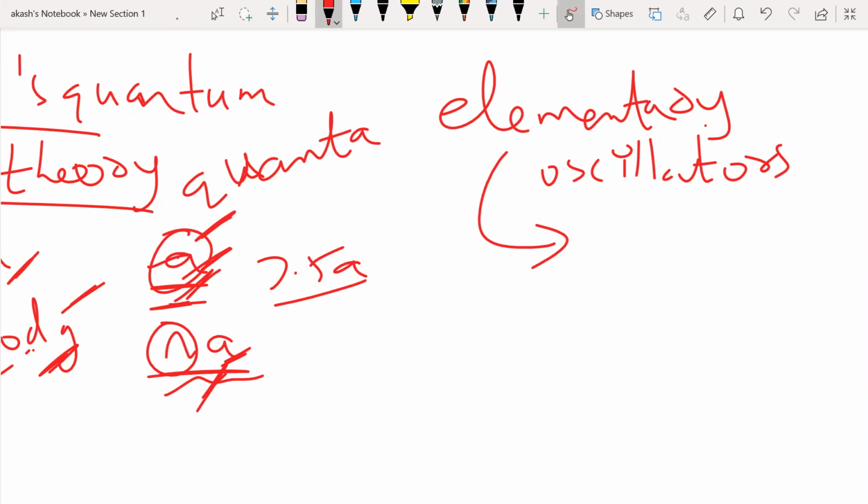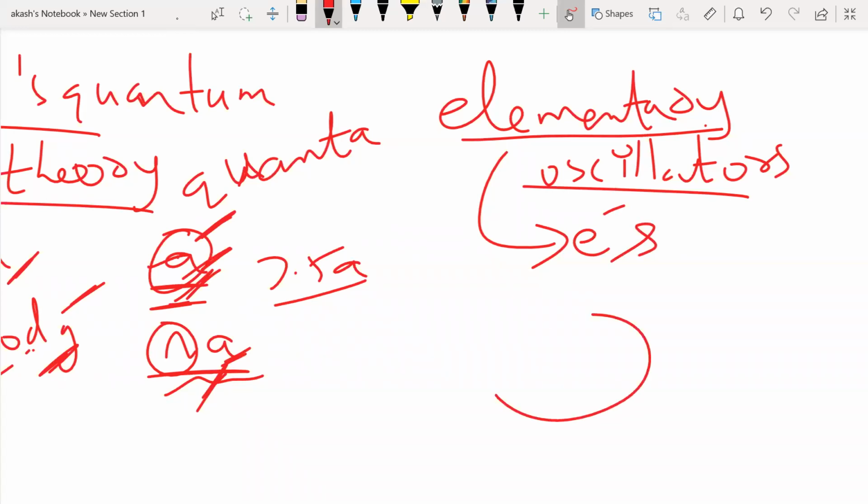Then he said that these elementary oscillators are nothing but electrons. So inside an atom there are many elementary oscillators, oscillating like this, like this, like this.